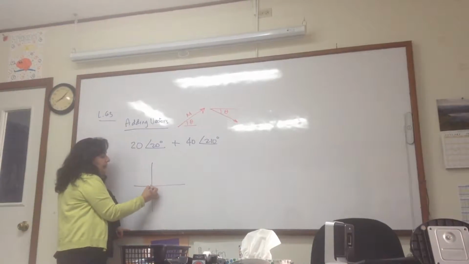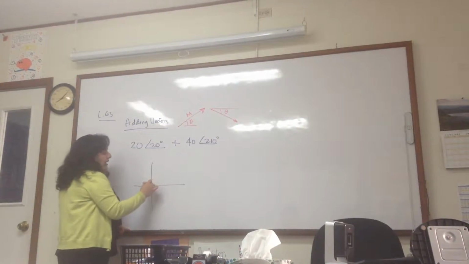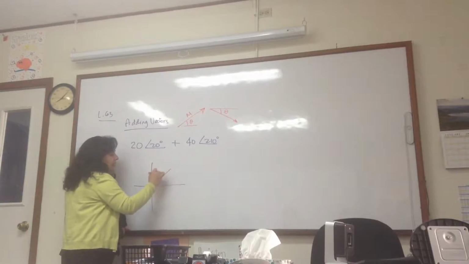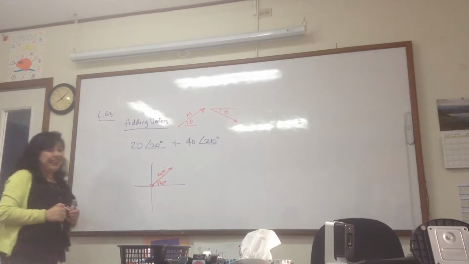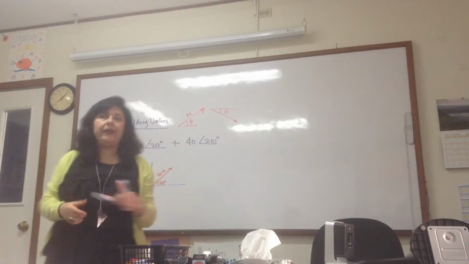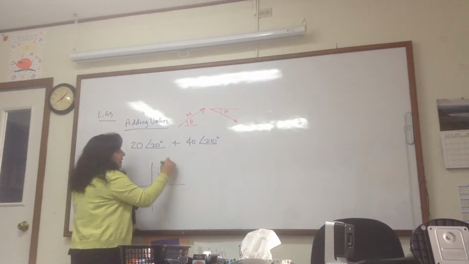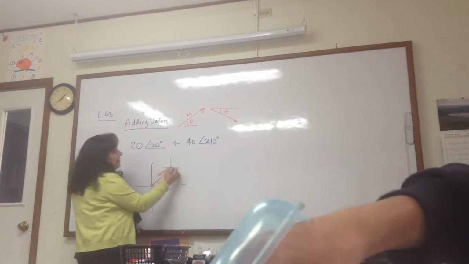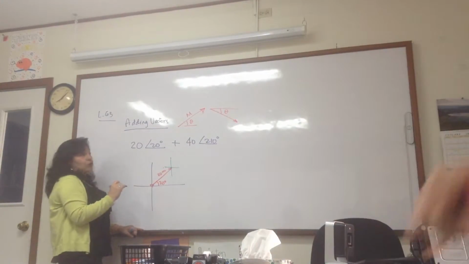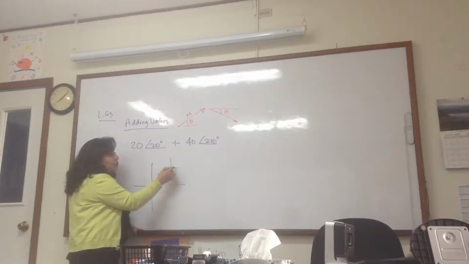If this is the beginning of the village, he starts going 20 miles in that direction, 20 degrees, and this is where he ends up. Then from there, it's like if you were to draw another vector here, and this is your starting point now. So now he's going 40 miles at 210, which means 180 plus 30.